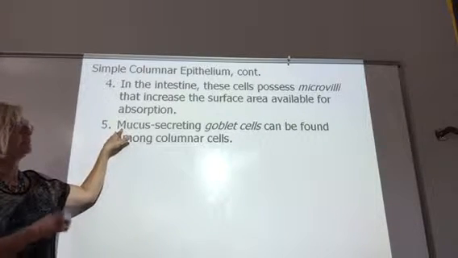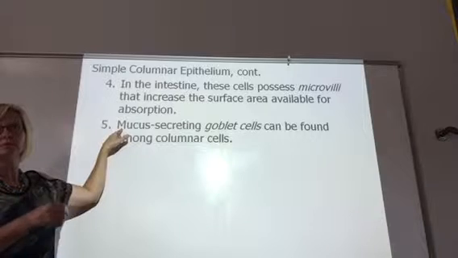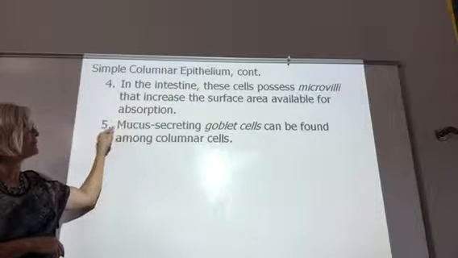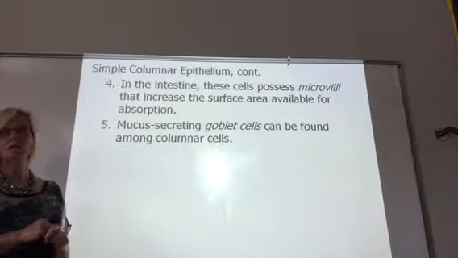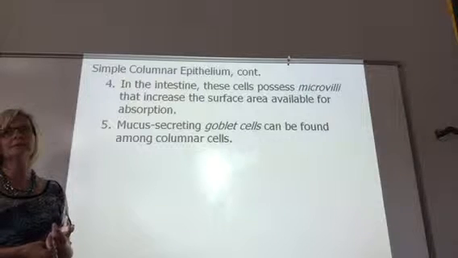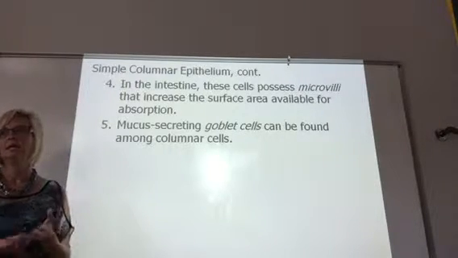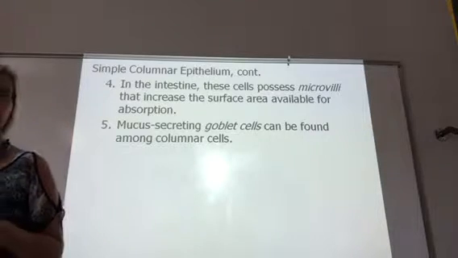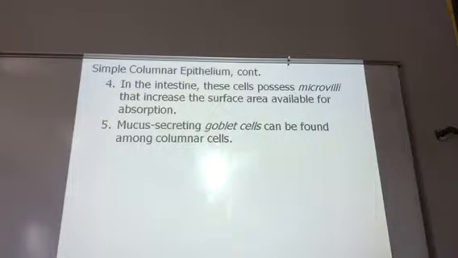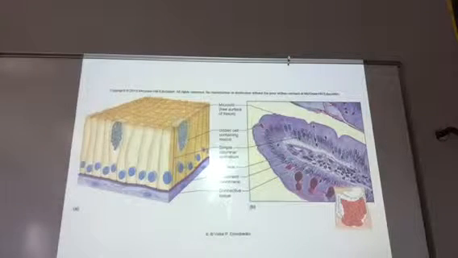Mucus secreting goblet cells, we'll look at some diagrams and talk about them specifically. Their job is to secrete something, typically some kind of mucus, and they are specifically found in columnar cells. So here's a picture.